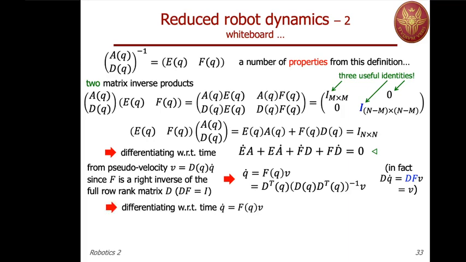Now, the second step is how we get to the simpler form of the derivative of this mapping. So we differentiate with respect to time the inverse mapping q dot equal F times v. As I said, this is nothing else than phi times v dot plus F dot times v.